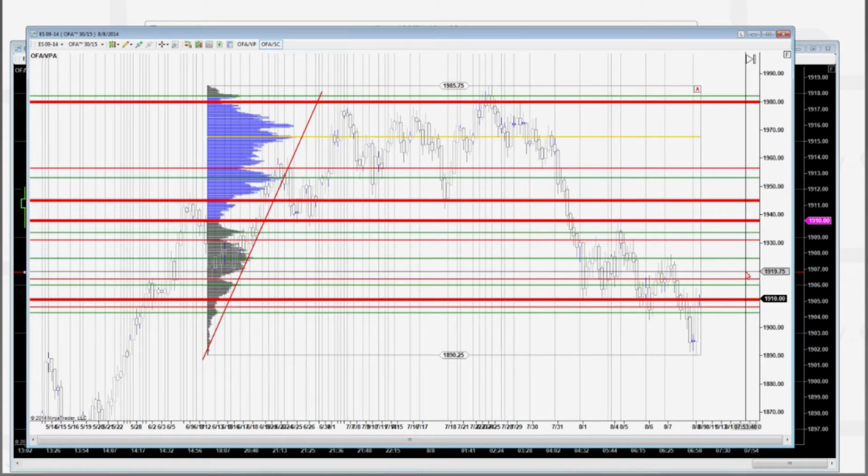And I'm going to use the intraday profile to give me a little better guidance. I'm going to put a little more weight in the intraday profile. But what I'm looking for is price to start to move back up to 24.